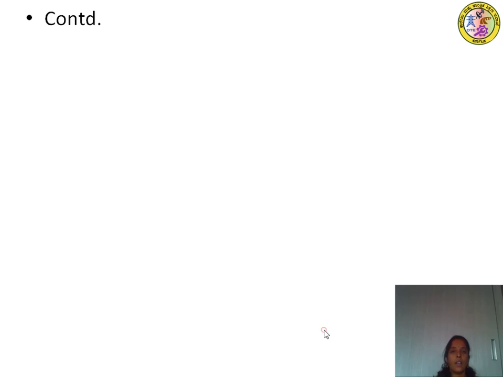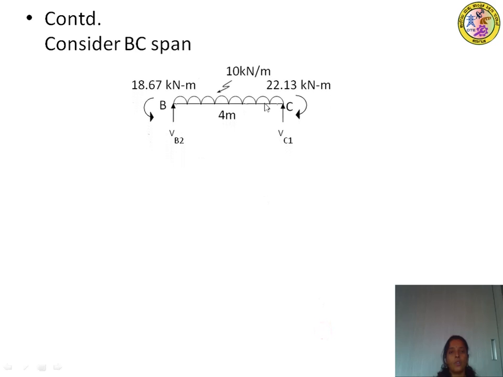So next we will consider the BC member. The BC member is subjected to UDL with the end moments. MBC is minus 18.67, therefore anti-clockwise moment, and MCB is plus 22.13, therefore clockwise moment. The reactions at B and C are VB2 and VC1.